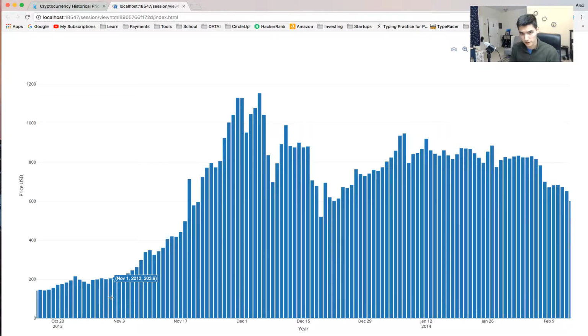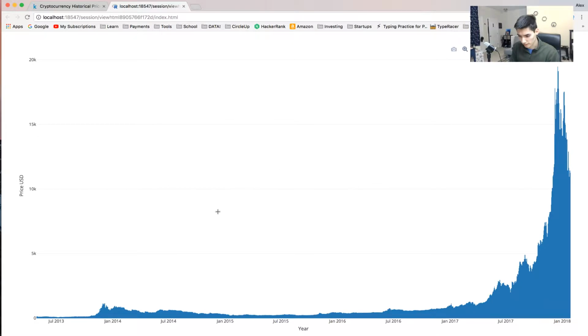It was about $200 here, and then it spiked up pretty fast to about 1,000. So this was the first real growth of Bitcoin. And then it sort of maintained that steady valuation, and then it started to grow up a little bit from 2016 to 2017, and then 2017 to 2018 is when it's really skyrocketing.